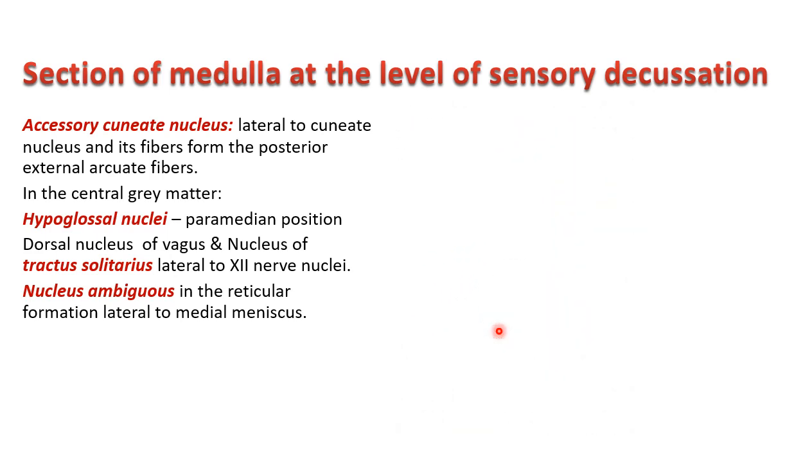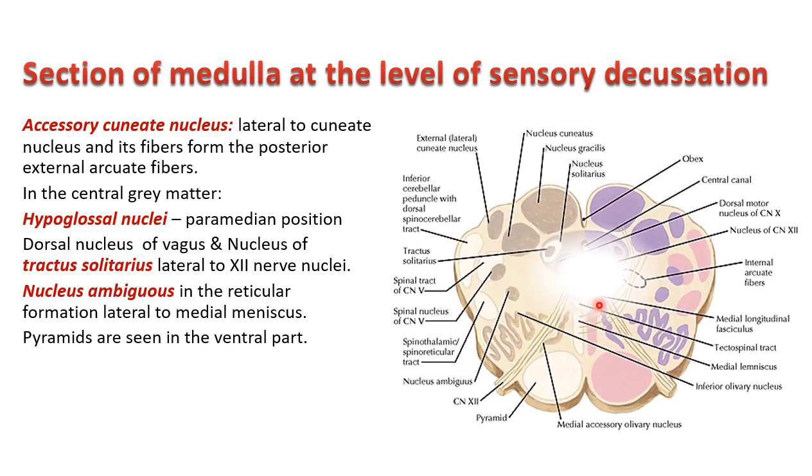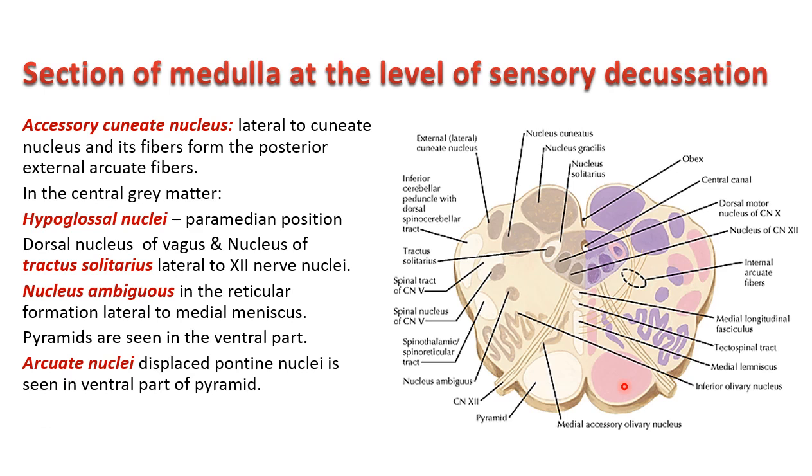So hypoglossal nucleus we have seen, then we have seen nucleus of tractus solitarius, dorsal nucleus of vagus and nucleus ambiguus. So pyramids are actually seen in the ventral part, so they form the bulk of the corticospinal tract, and then more anteriorly you will see a small arcuate nucleus.